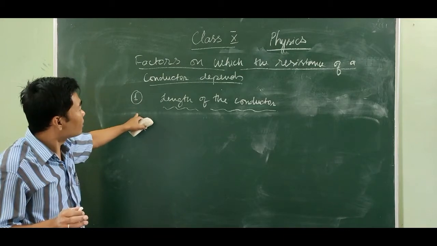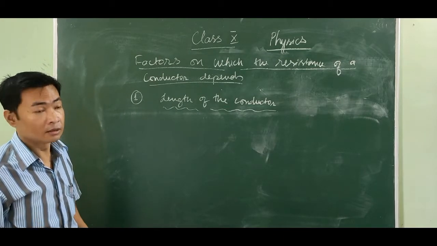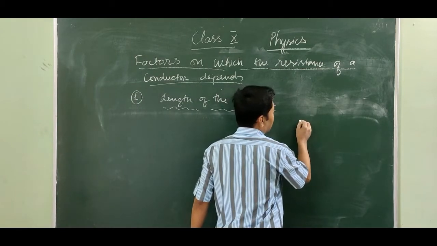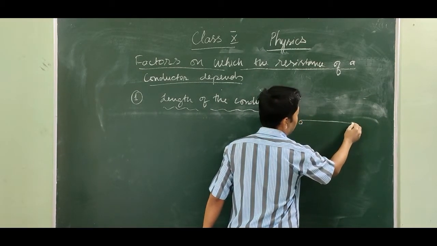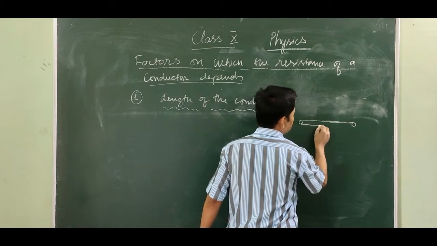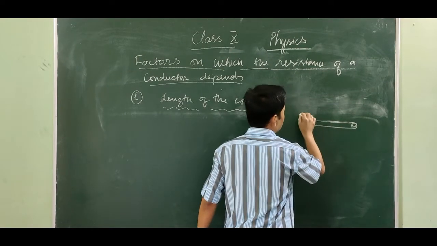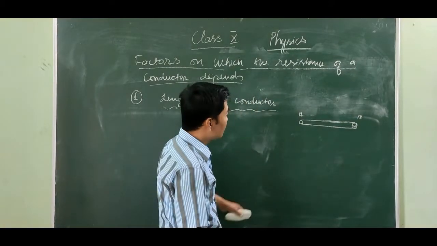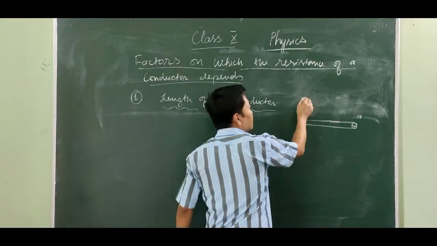Number one factor is the length of the conductor, which means that, let's say this is a conductor of this length. This is our conductor. We have another conductor here.